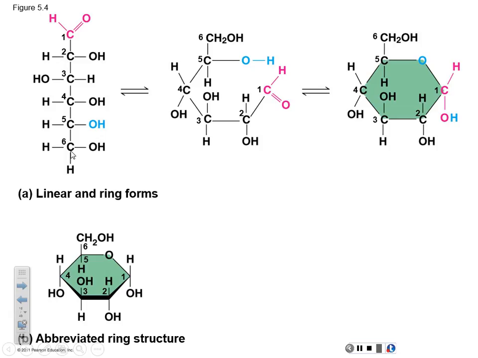Neat thing about sugars, particularly the 5 and the 6 carbon sugars. In a watery environment like our bodies, like our cells, these 5 and 6 carbon sugars naturally, of their own accord, tend to fold back on themselves such that one end sticks to the other end to make a ring structure.